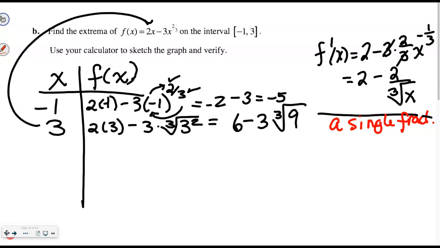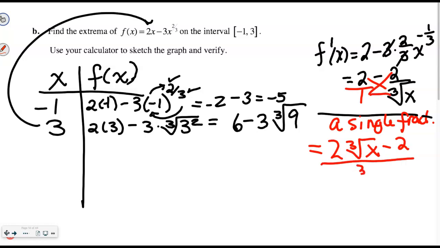So when we write it as a single fraction, remember we make sure they're both written as fractions. So go ahead and put that 2 over 1. And then we do the crisscross. So the 2 times the cubed root of x. So 2 cubed root x on this minus a 2 all over, and then we multiply across.